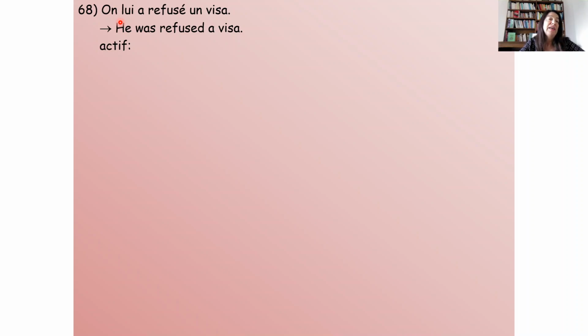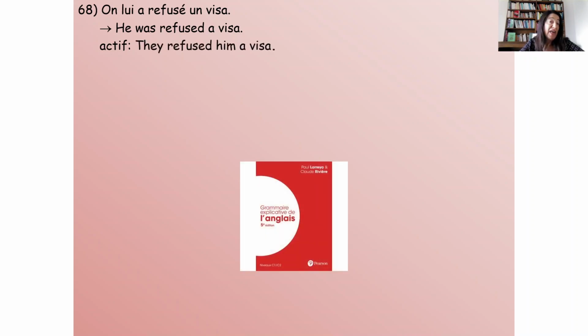So since it is vague, be plus -en is our best option for the translation of the French pronoun. And the active voice would be "they, for instance, refused him a visa." And that is actually the only possibility for verbs like refuse, as you will see in La grammaire explicative de l'anglais.